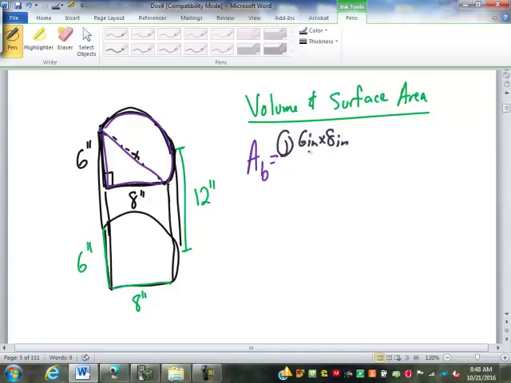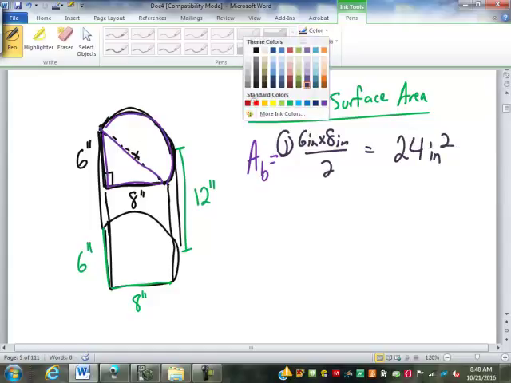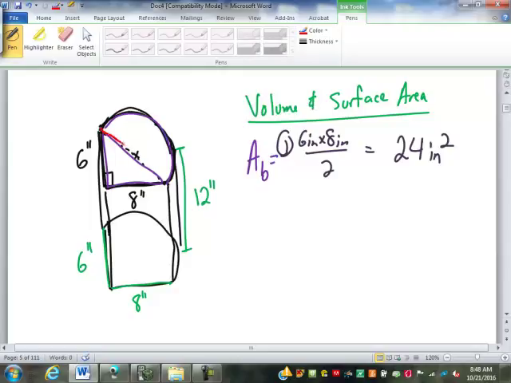6 times 8 divided by 2, which is 24 square inches, right? How do we find the half circle? We've got to know what this distance is. How do we find that distance? That's c, it's c squared. Of course, square root of 100, c is going to be 10.